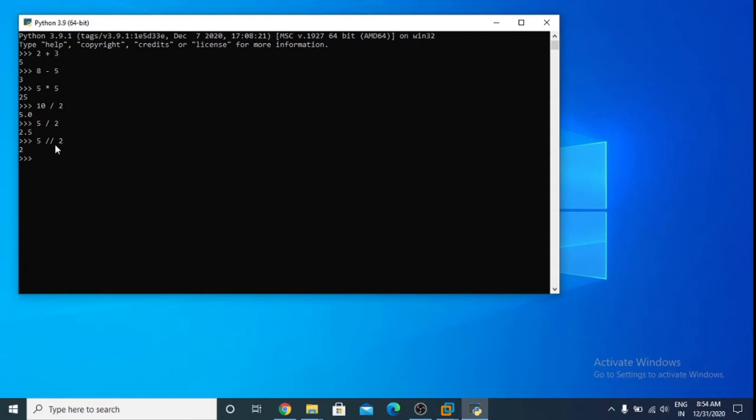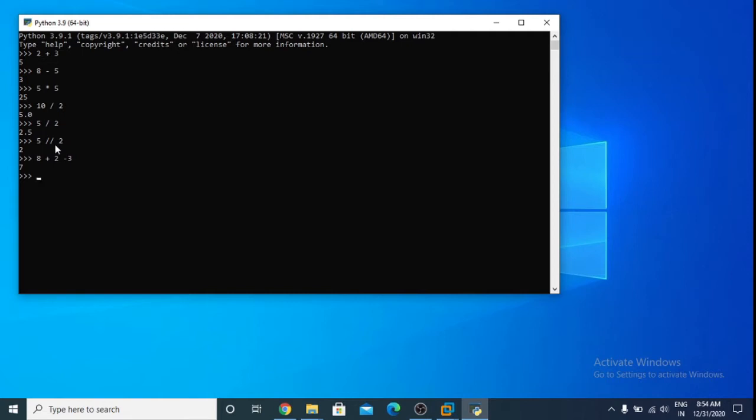Okay, so now you try next, division and multiplication and addition. So I'm taking here any number, 8 plus 2 minus any number 3. Okay, so the answer is 7. 8 plus 2 is 10, minus 3 is 7.